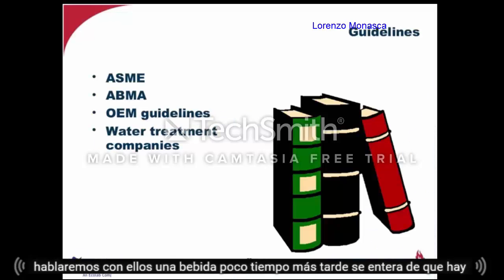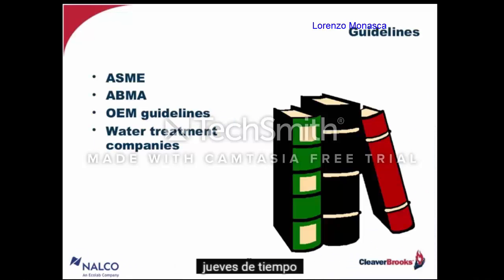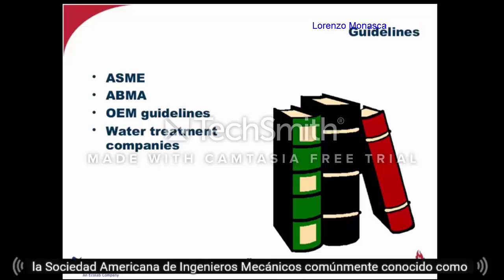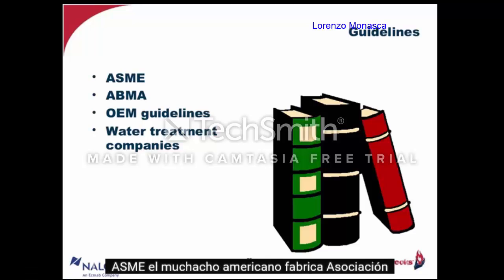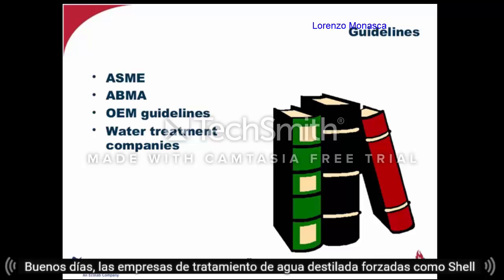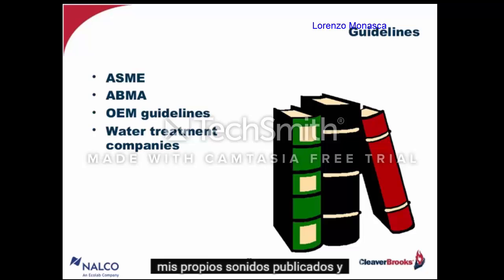So there's a lot of different guidelines out there. There's guidelines from the American Society of Mechanical Engineers, commonly known as ASME. The American Boiler Manufacturers Association also provides guidelines that cover the control of chemistry in operating boilers. And then there are a variety of original equipment manufacturing guidelines, and of course, guidelines that the water treatment companies like my own publish.